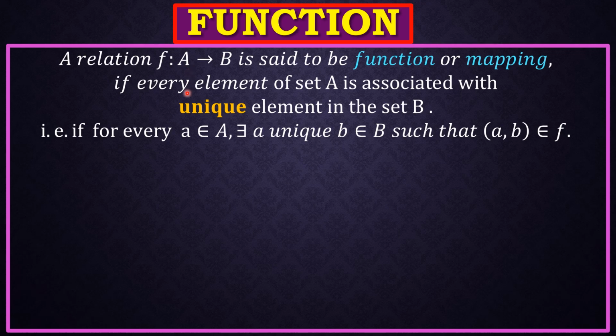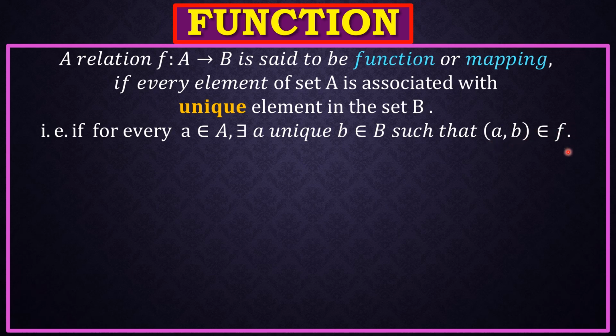We take any element out of the n elements, and that element is related to a unique element. Here B also contains more than one element. One element is related with a unique element in B, such that the relation of A and B can be denoted by the ordered pair (a, b) which belongs to f.